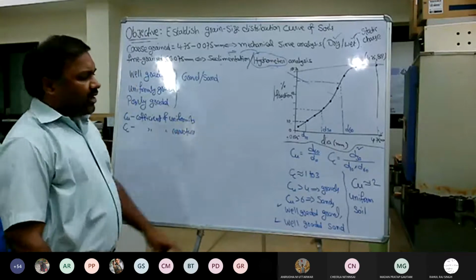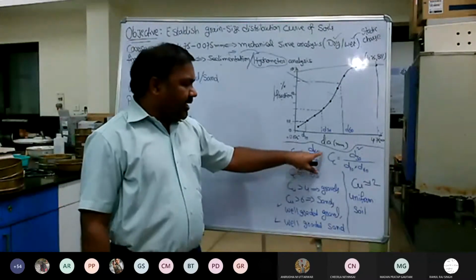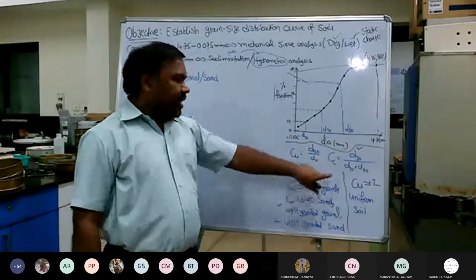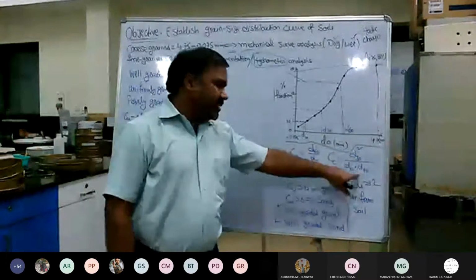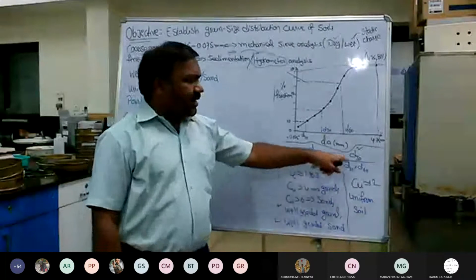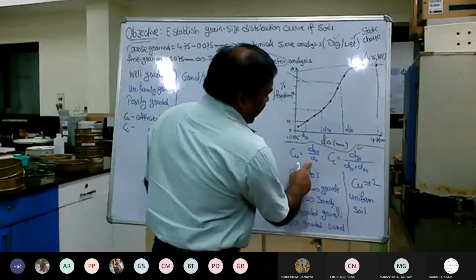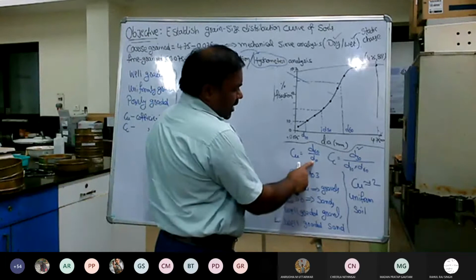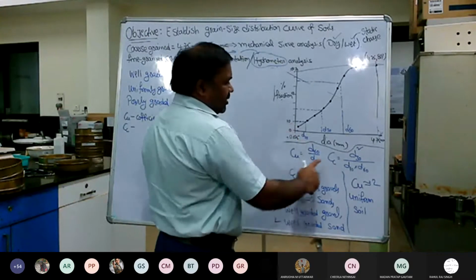Now these two parameters are defined here. Cu is defined as the ratio of D60 upon D10, and Cc is defined as D30 squared by D60 into D10. So what are D10, D60 and D30? D10 means diameter of the particle corresponding to 10% finer.